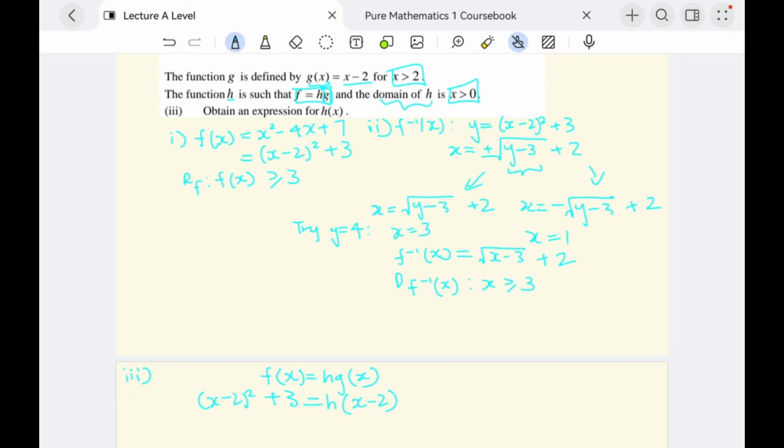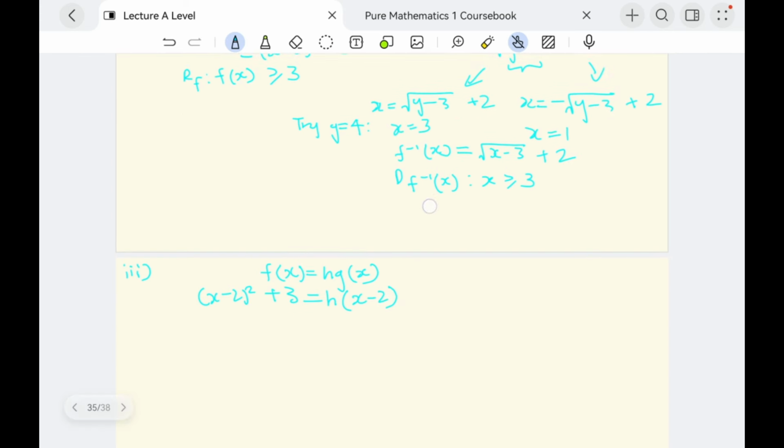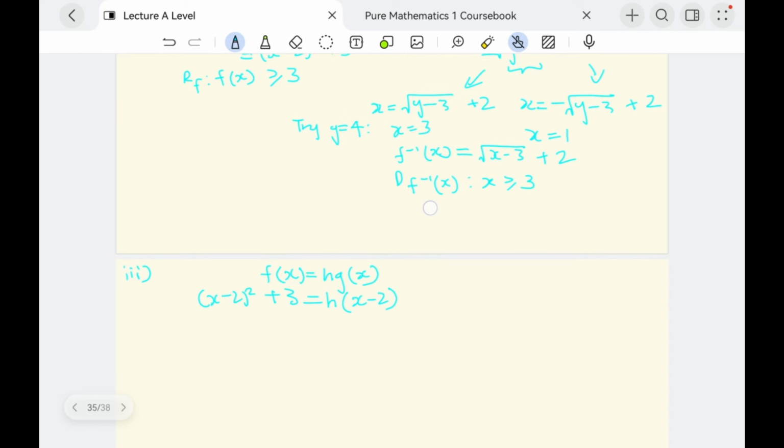That means make sure that the range of h must lie in the domain of g. Alright? So how to get rid of this one? I need to get the h inverse of x first.